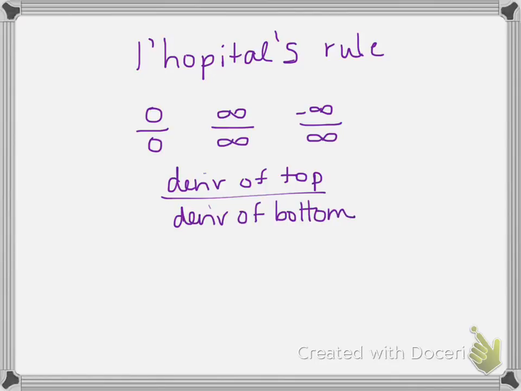And the original problem, its limit will equal the limit of this. So basically, you can plug in the number, see what you get. As long as you get one of these things, then you can take the derivative of top and bottom, and then you can solve. So let's look.